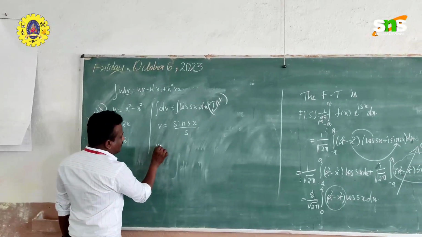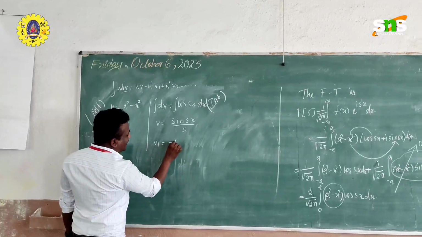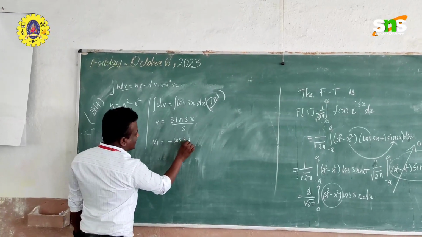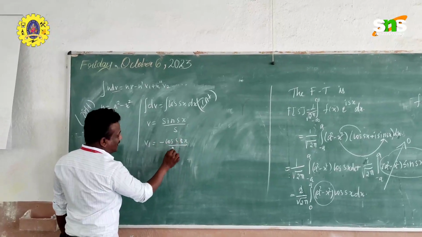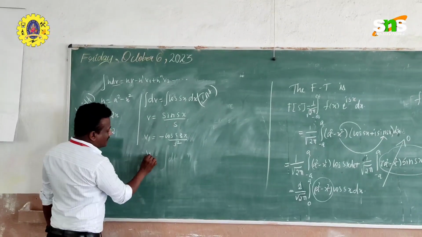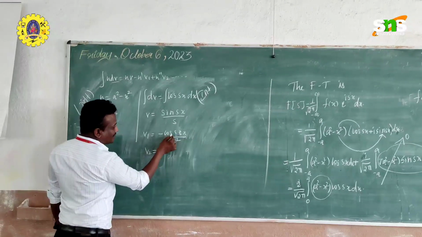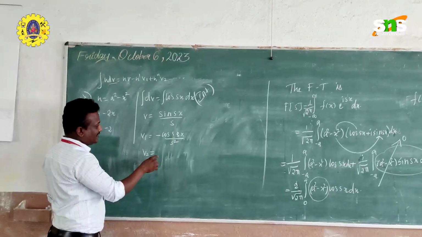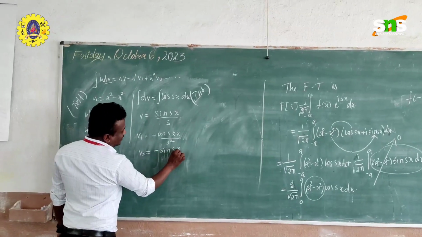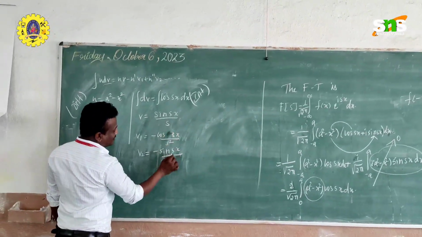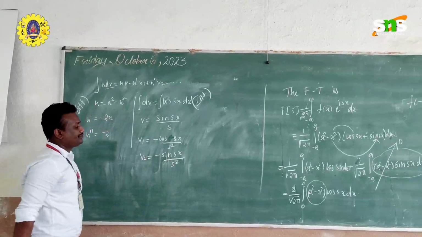Now integrate one more time. Integrating sin gives minus cos sx divided by again the coefficient s, so s into s, s square. Then V2: integrating minus cos gives plus sin, so already we have a minus, so minus sin sx divided by s cube.